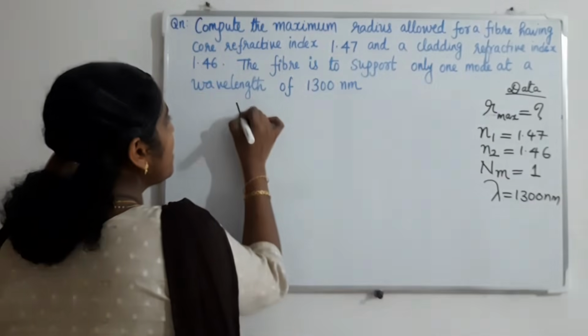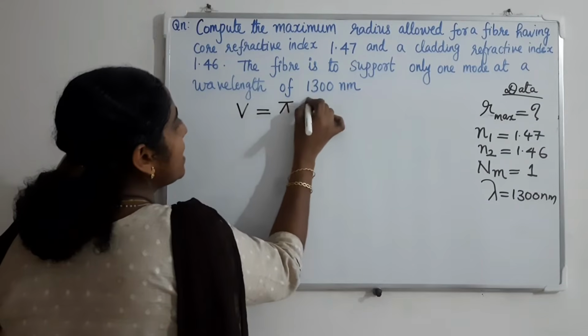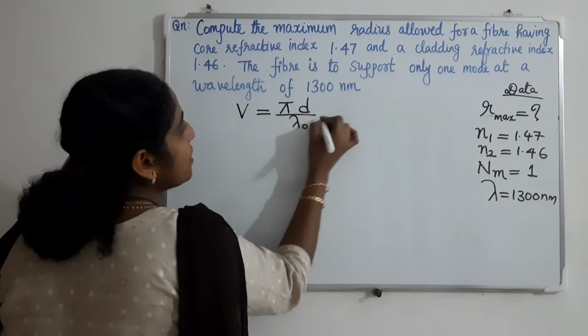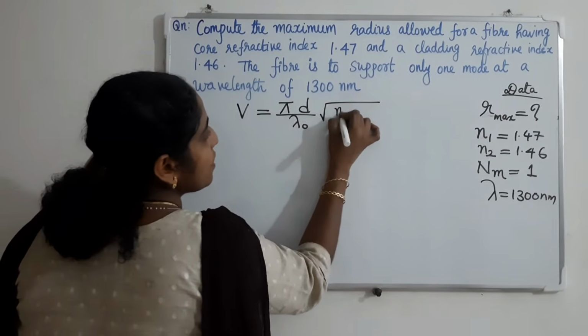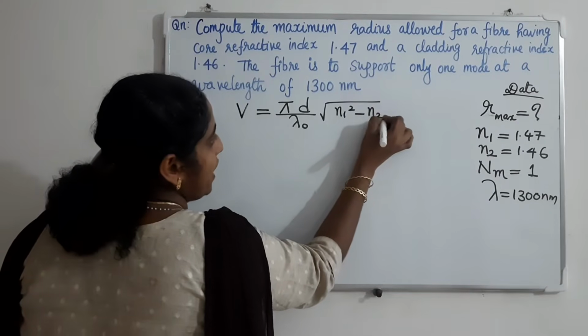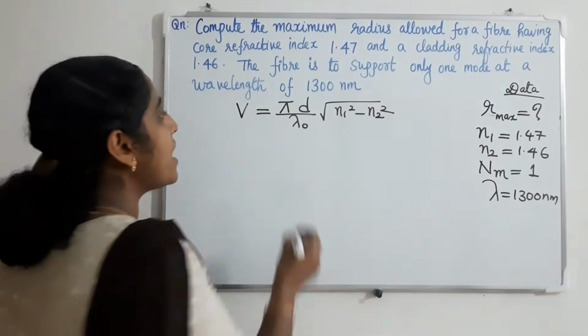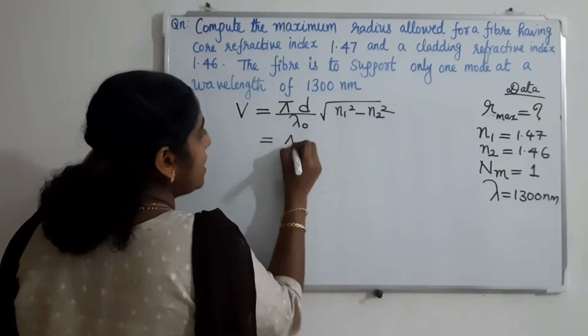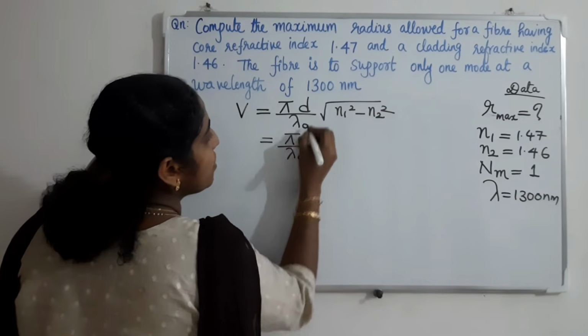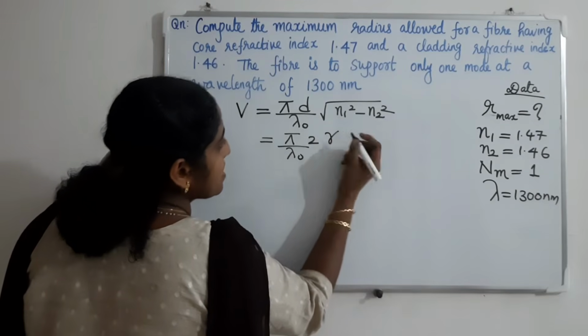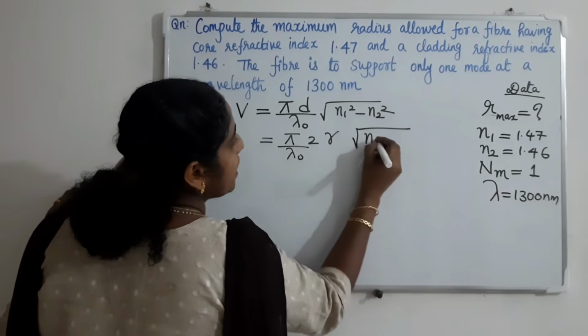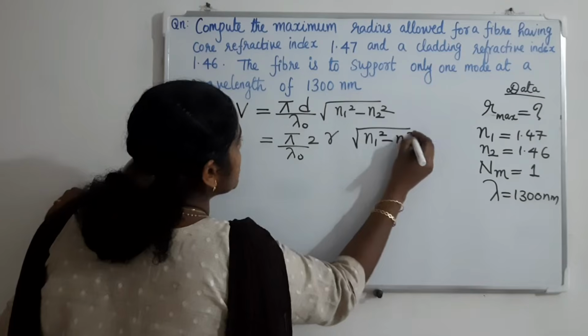V number is equal to pi d by lambda 0 into root of n1 square minus n2 square. Here we want to find the maximum radius, so we can write the diameter in terms of radius: pi by lambda 0 into 2 times radius into root of n1 square minus n2 square.